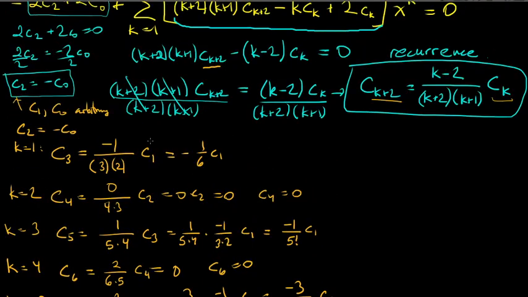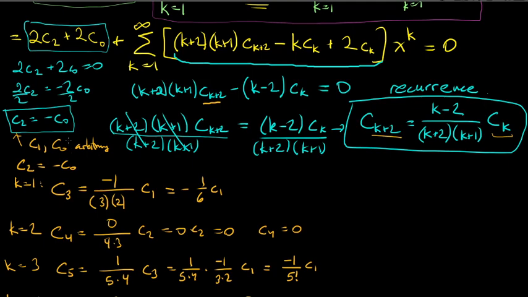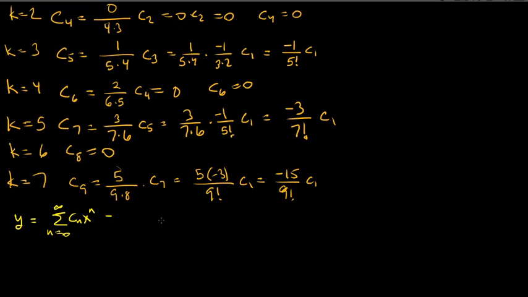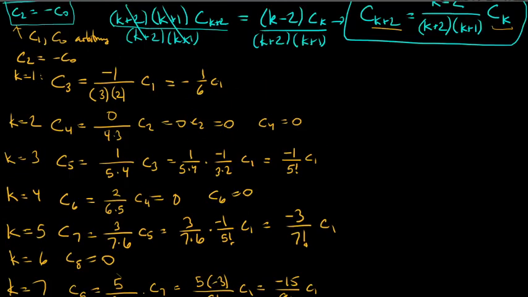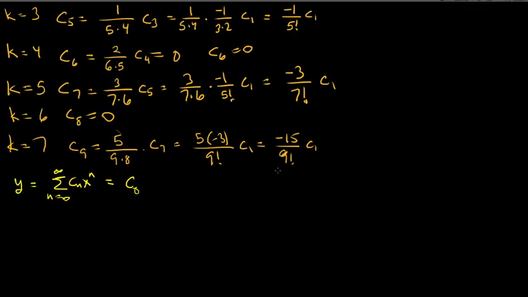And what are our n's here? Well, let's start with C0. Remember, C0 was arbitrary. So this is just going to equal C0 times x to the 0, right? This is C0. And then plus C1x. Well, remember, C1 is also arbitrary. So this is just going to be C1 times x, right? Plus C2 times x squared.